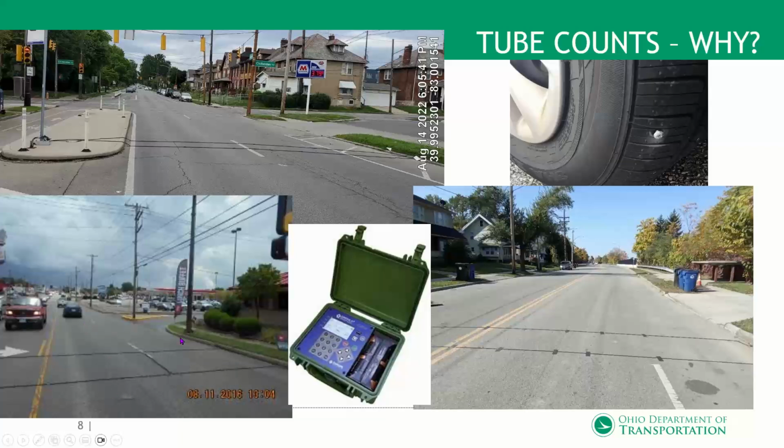So by doing this little flip-flop or crisscross, you can basically separate these lanes into who's in this lane and who's in this lane, because one of these you're hitting from here, and the other one, even though the vehicle is driving from here, because the tube is flip-flopped, it's going to read as if he's going from here to here. I don't know if I explained that well, but it's so that you can get 2 lanes, and you have to do some manipulation when you process this count, but yeah.